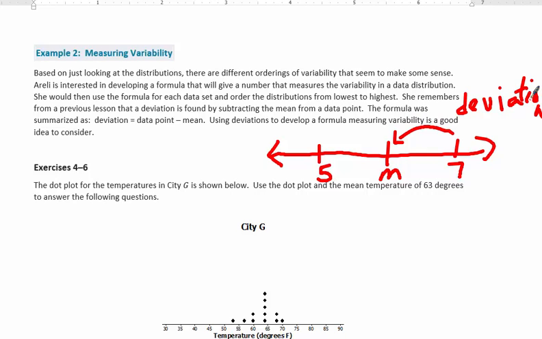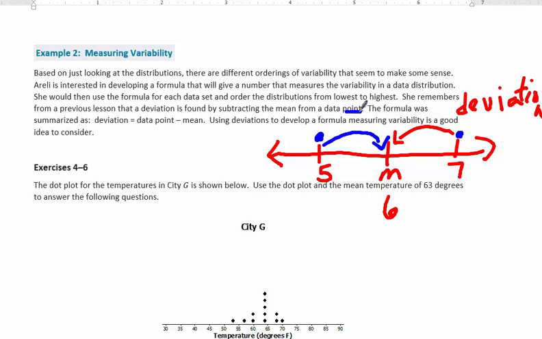When are deviations negative? So think about it. If this mean was 6, I have a point here and a data value here. When is my deviation negative? Well, my deviation is negative whenever it is to the left of the mean.